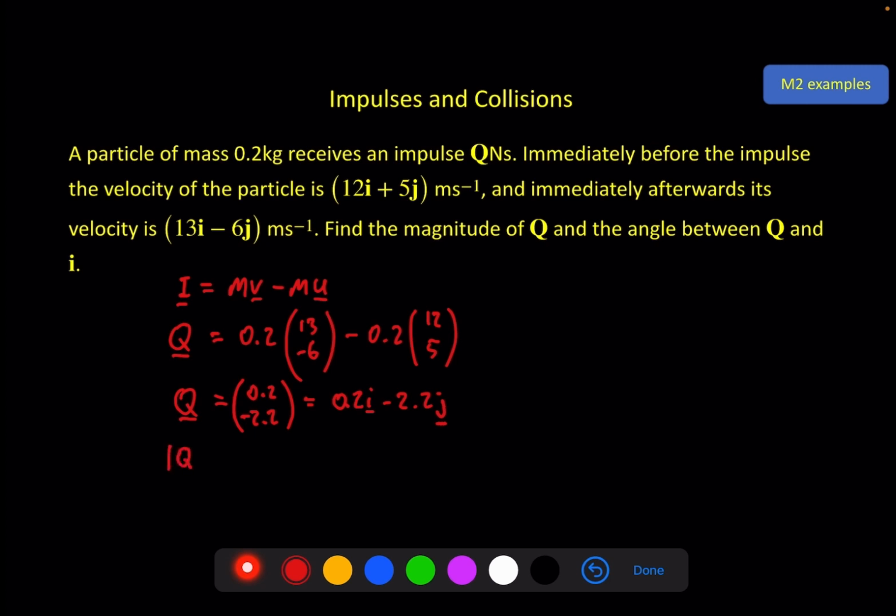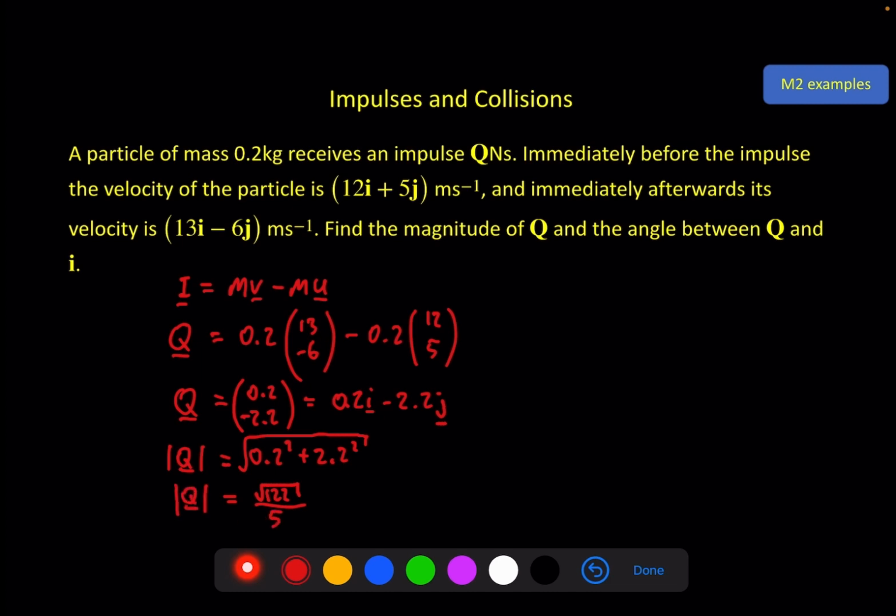So now I need to find the magnitude, 0.2 squared plus 2.2 squared, or arguably minus 2.2 squared, but that doesn't make any difference, which gives the rather awkward answer of the square root of 122 over 5.